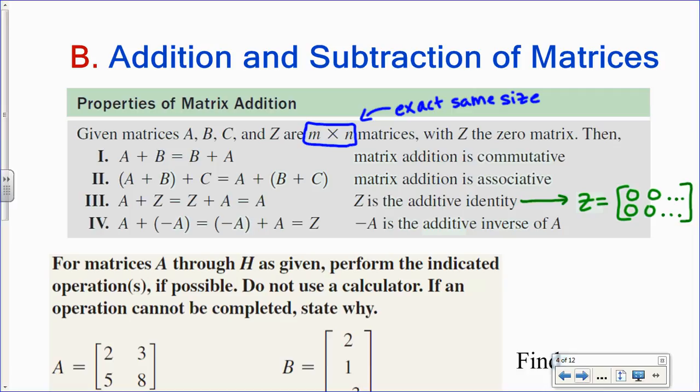Like they don't have to be square matrices where they're all 2 by 2s or 3 by 3s. They just have to be the same. So if the first one is a 2 by 3, then the second one needs to be a 2 by 3. Then, we also can talk about additive inverse, so the opposite of A. It's like with real numbers, you have 2 and negative 2. Those are additive inverses.